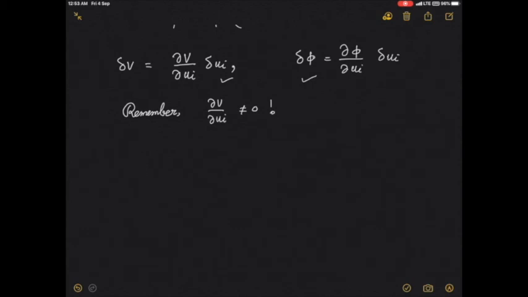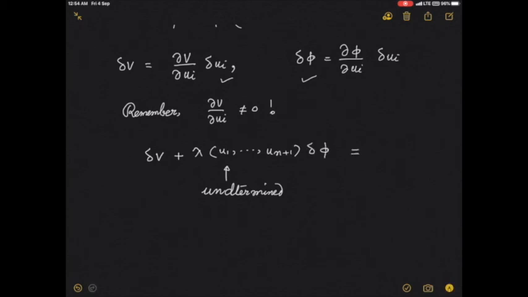See, if I construct this delta v plus a lambda, which is a function of all the coordinates, and at this point it is undetermined, so it's arbitrary, and I multiply this with delta phi, what should this be? Well, this is 0. Whatever you multiply with 0, it always remains 0. So this should be 0.